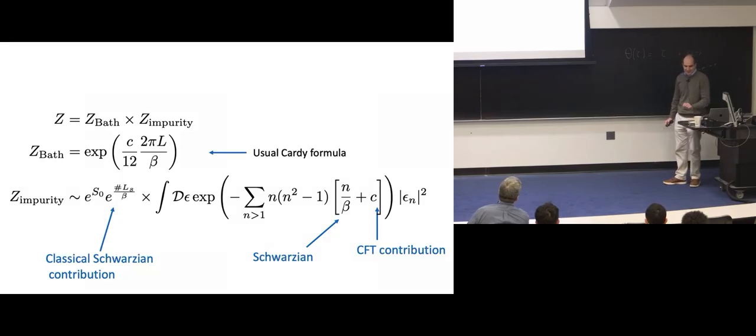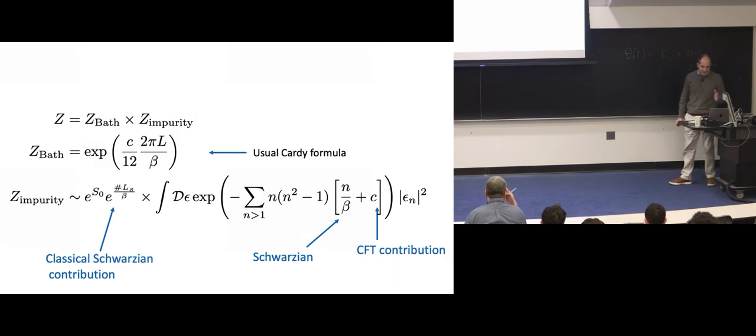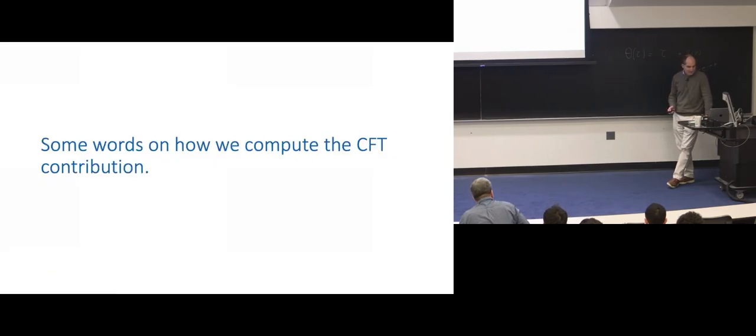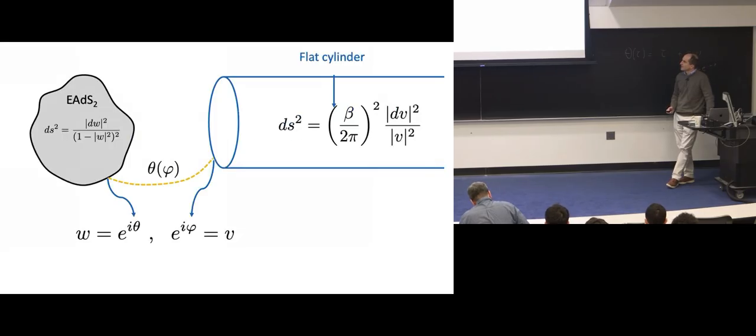So there is no explicit length scale that appears in this term, and it's independent of the temperature. If c is large, so if the central charge of the conformal field theory is large, this term is suppressed for all temperatures.